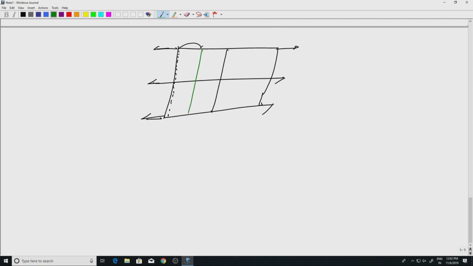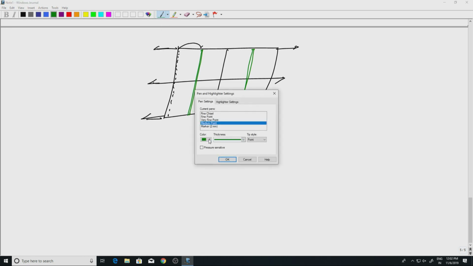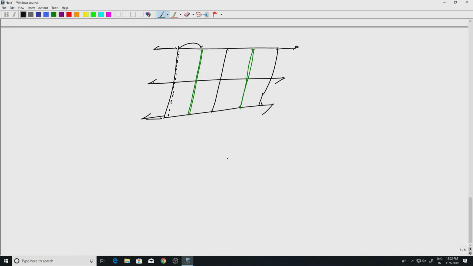So the mirror comes here. Now this gets rotated, it comes here, and this gets reflected and you get it here.